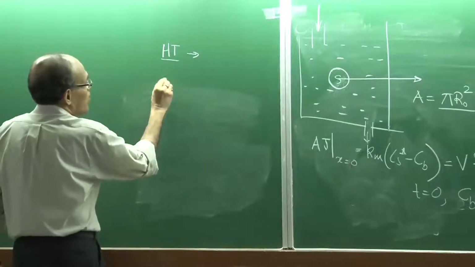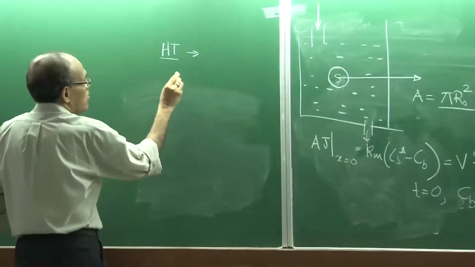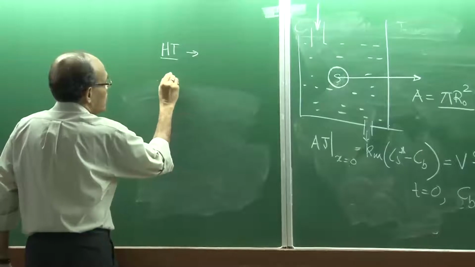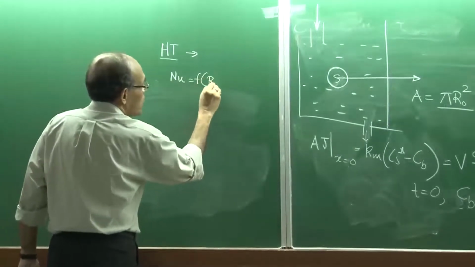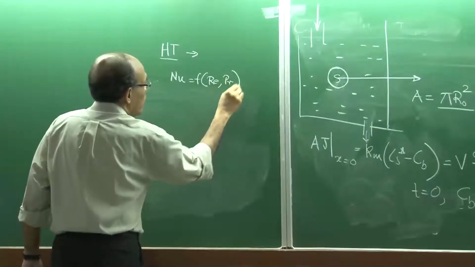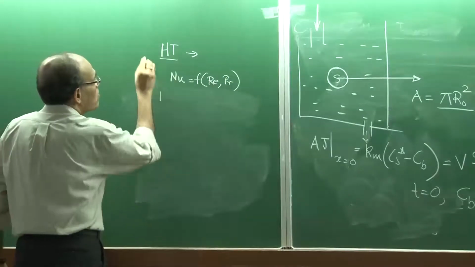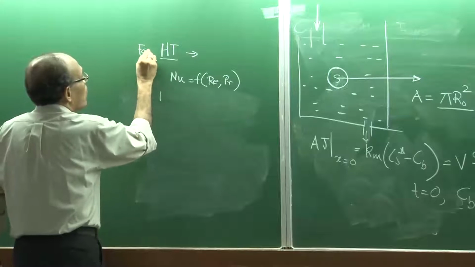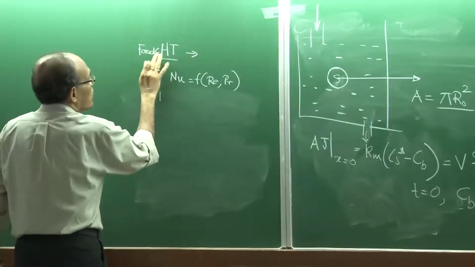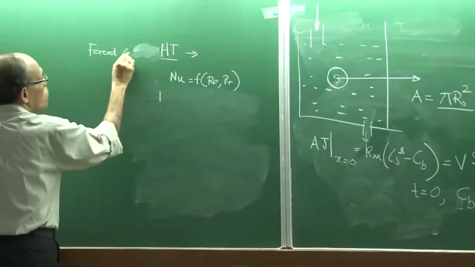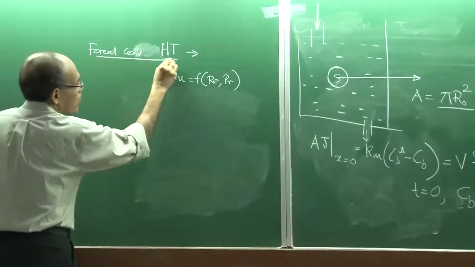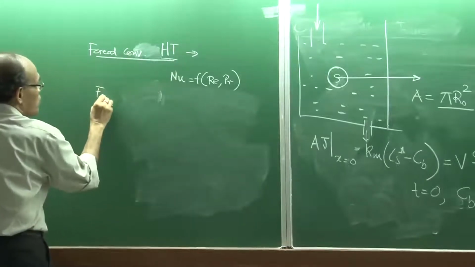So forced convective heat transfer was Nusselt number a function of Reynolds number and Prandtl number, and then free convective heat transfer.